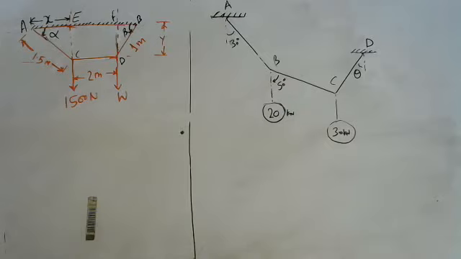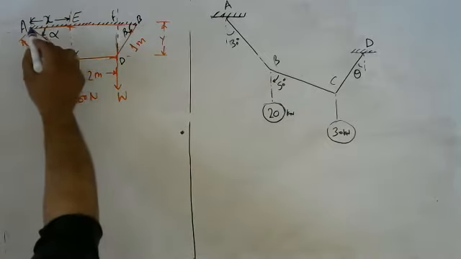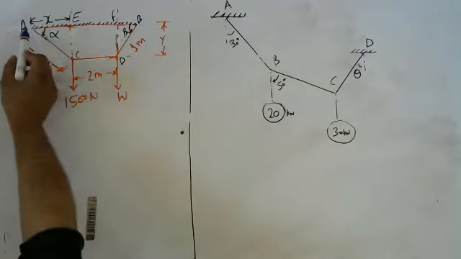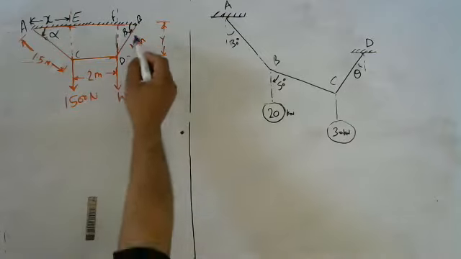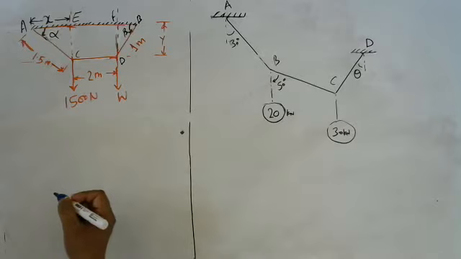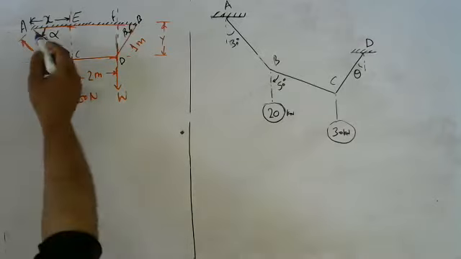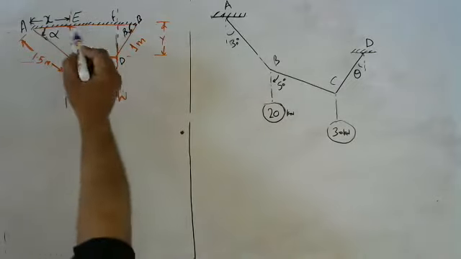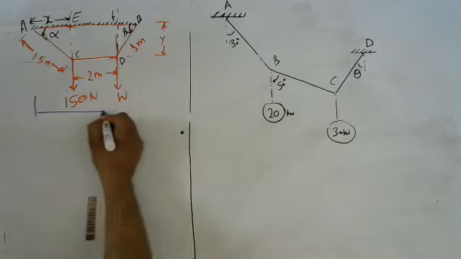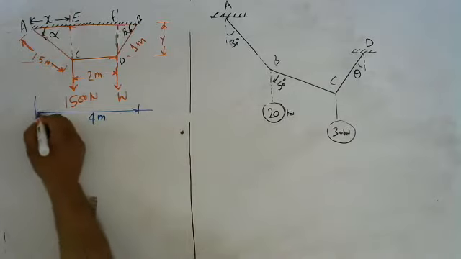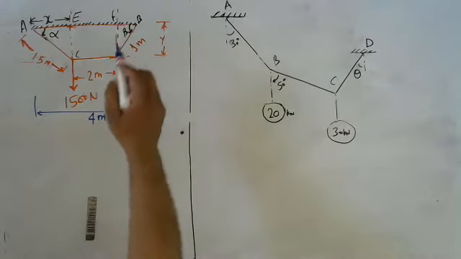The question is that a rope ACDB, as shown in the figure, is 4.5 meter long and is connected at 2 points A and B at the same level, 4 meter apart. So this distance is 4 meter apart.